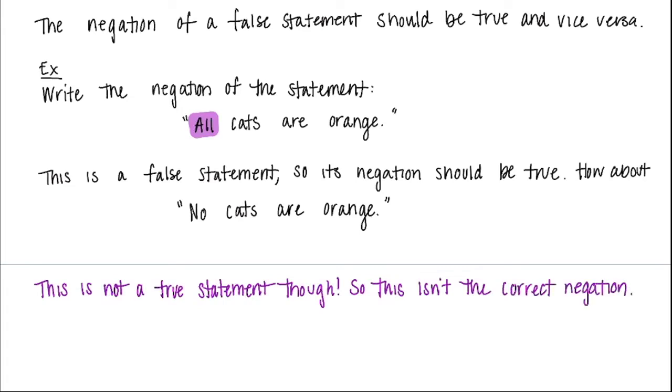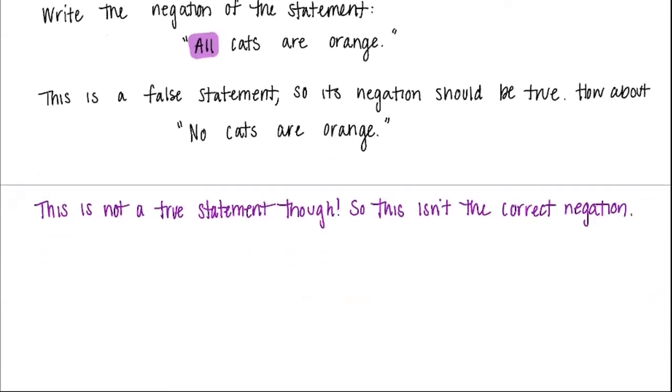It's along the right idea that going from all to none in that sense, because I want to basically imply in the opposite meaning that there's not orange cats as well. But instead of changing all to no, what we're going to do is change all to some. So there's a portion.